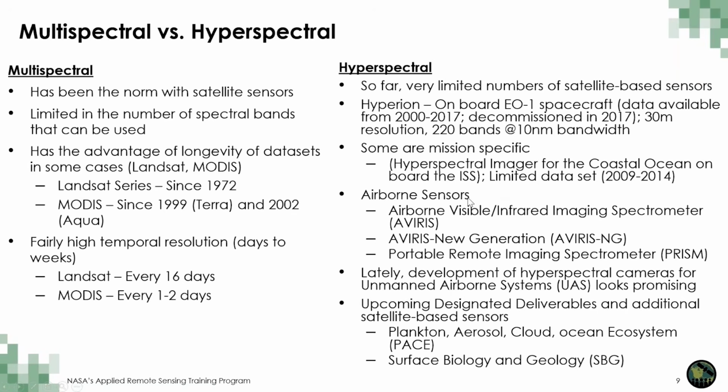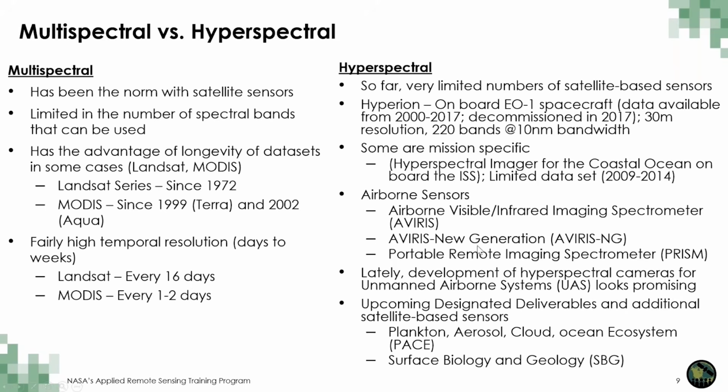Now, there are hyperspectral sensors that are airborne, and we also mentioned AVIRIS, the Airborne Visible Infrared Imaging Spectrometer. There's a new version called AVIRIS New Generation, or AVIRIS-NG, and also the PRISM spectrometer, the Portable Remote Imaging Spectrometer, that has also been flown in some missions, particularly some related to coastal ecosystems.